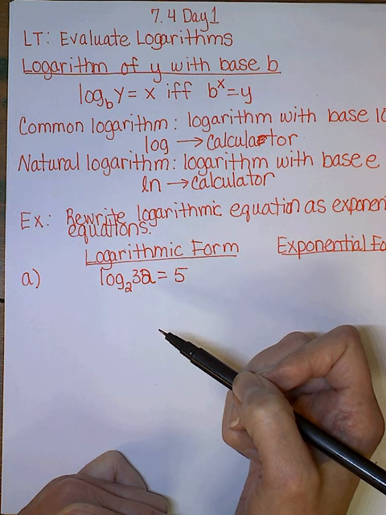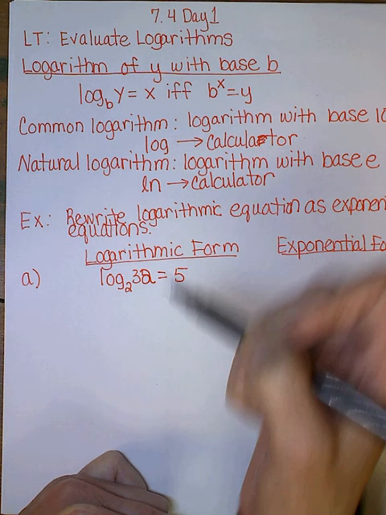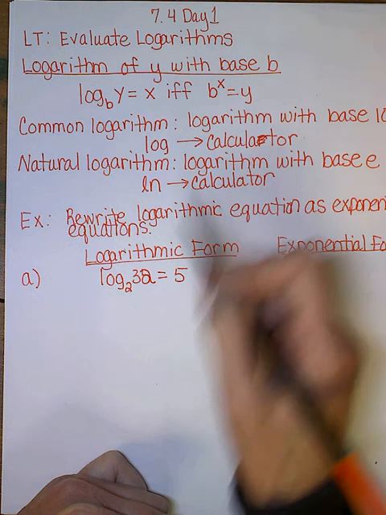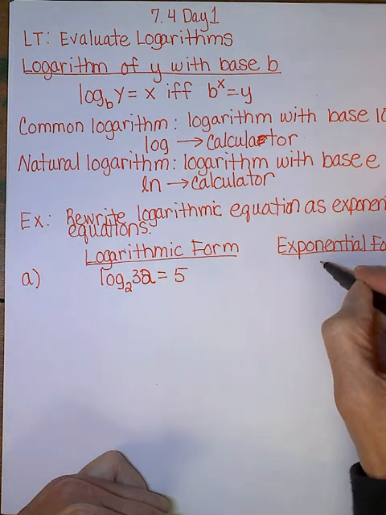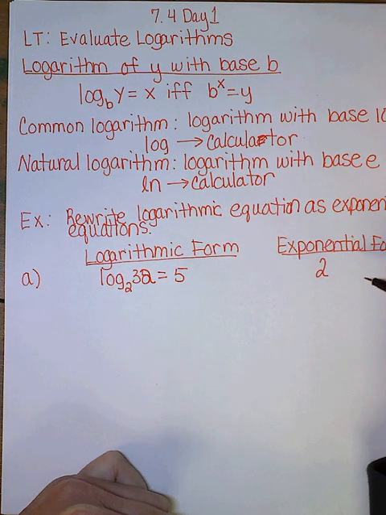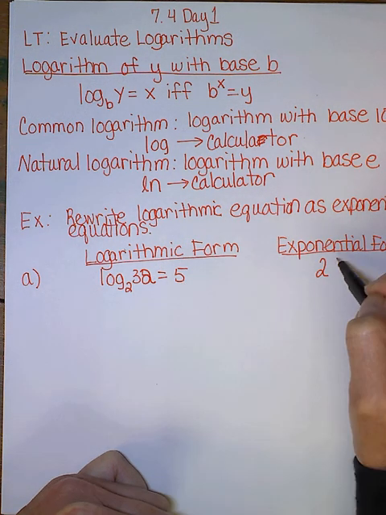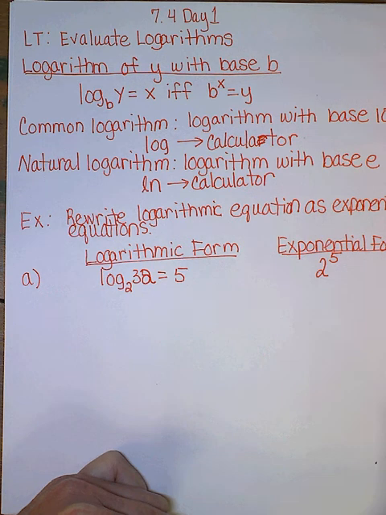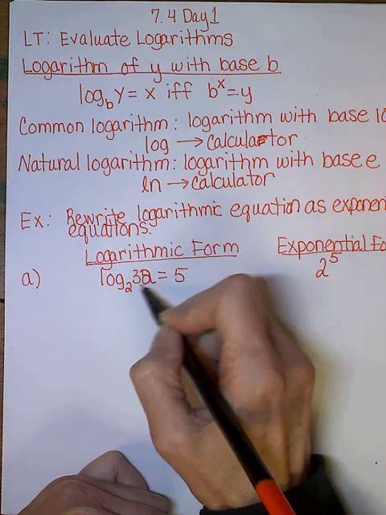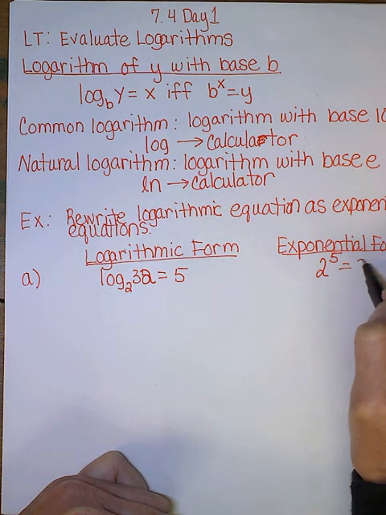And if you go back up to the definition that we have up here, the 2 is the base. In both forms, it's called the base. And then what it equals right here is the exponent. And then the number right here tells you what it equals in the exponential form.